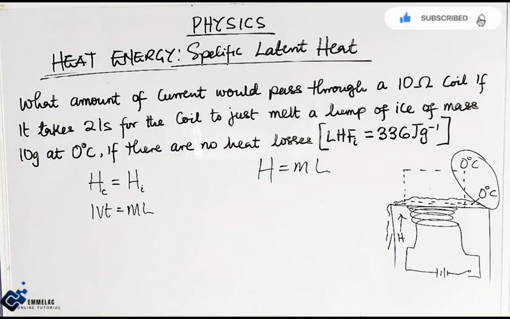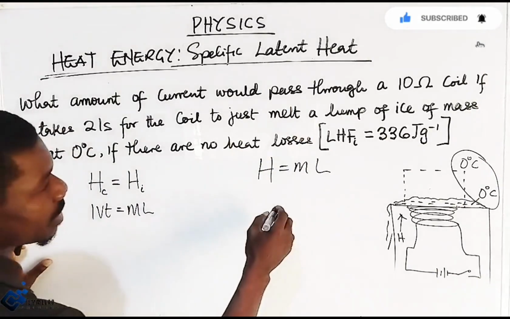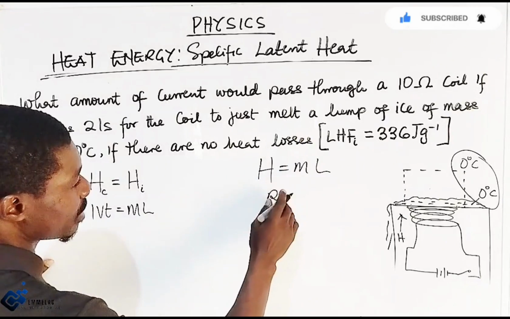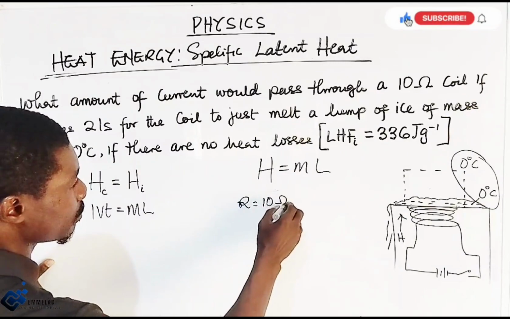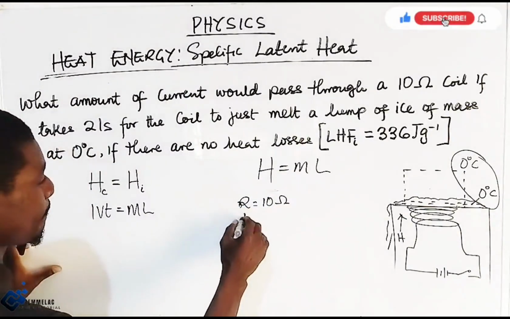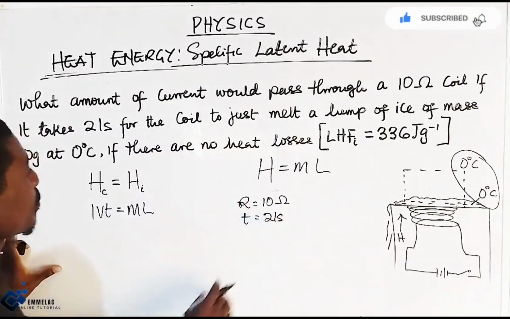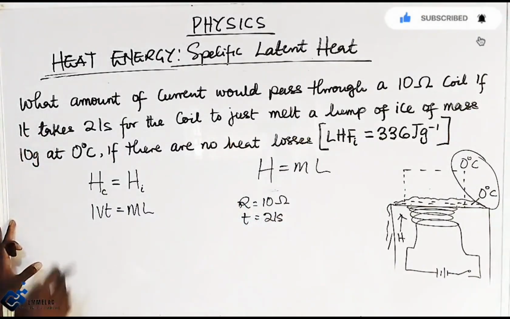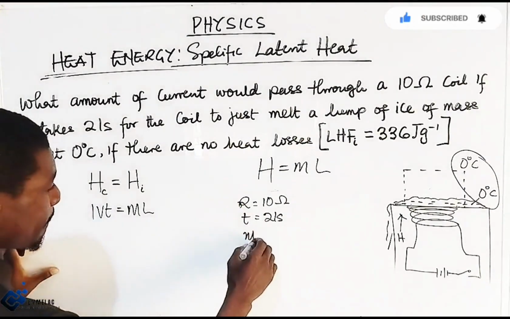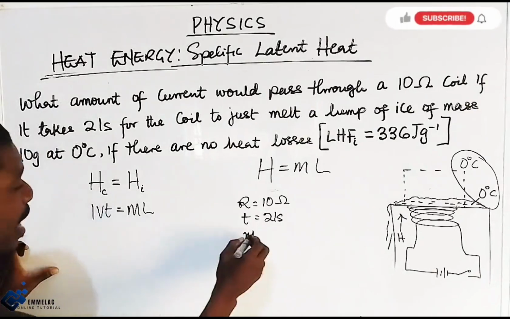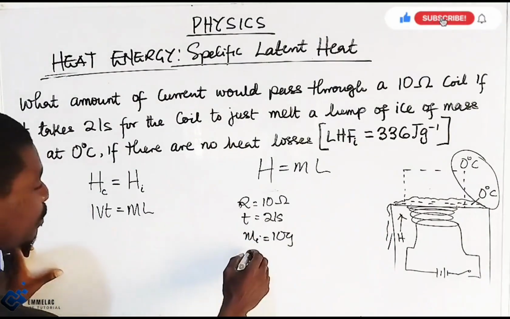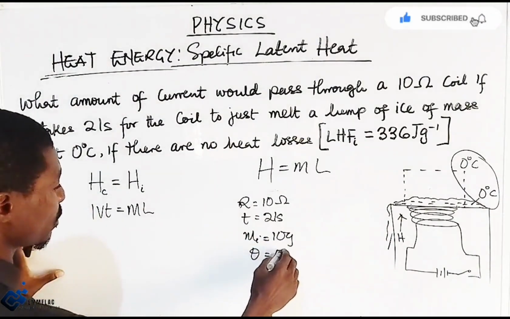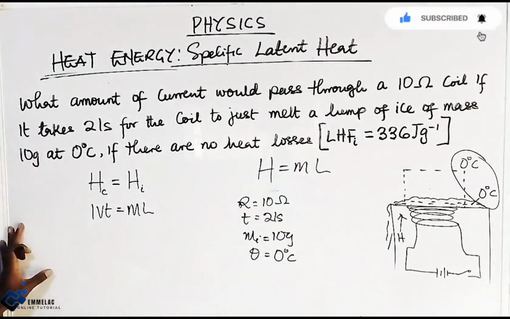So writing out the parameters, we are given that the resistance of the coil is 10 ohms. Time is 21 seconds. What else are we given? The mass of ice equals 10 gram, and the temperature equals 0 degrees.